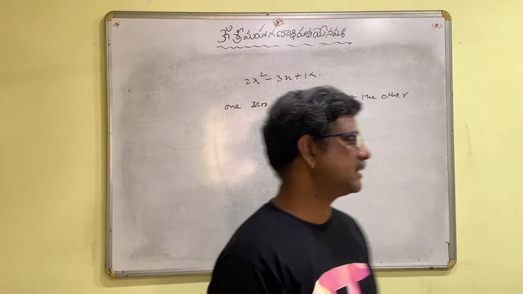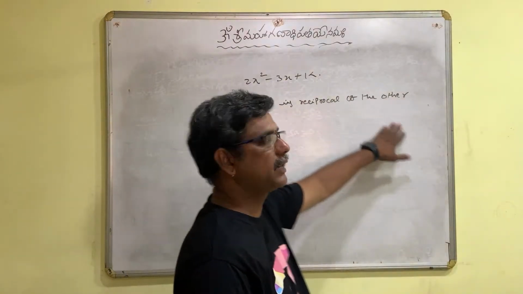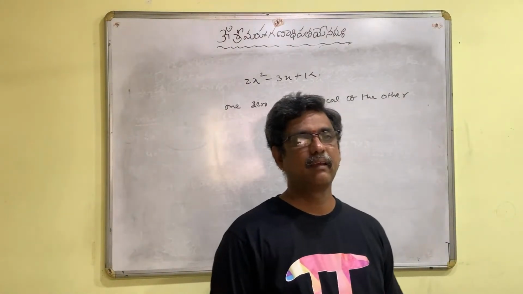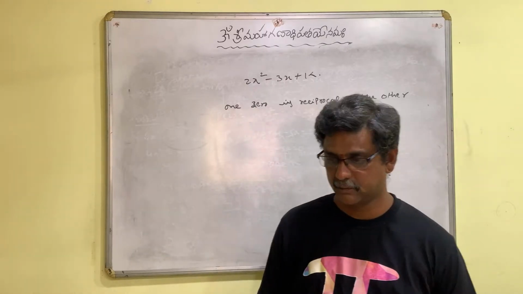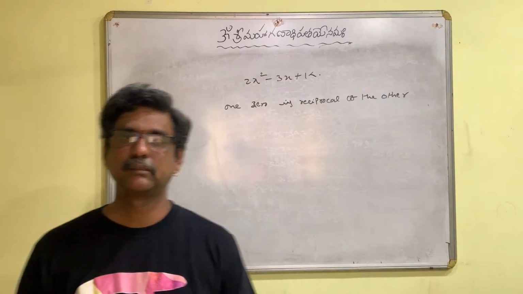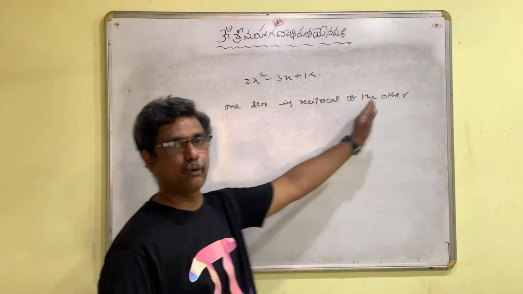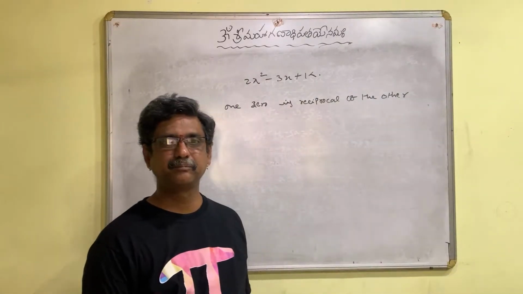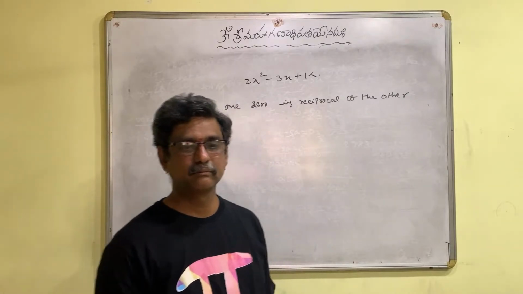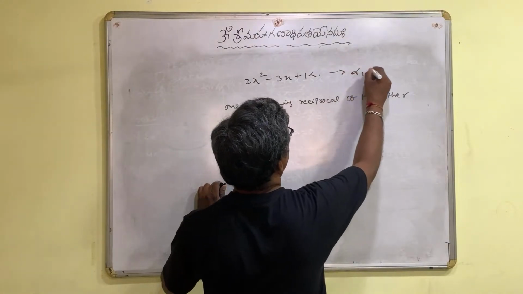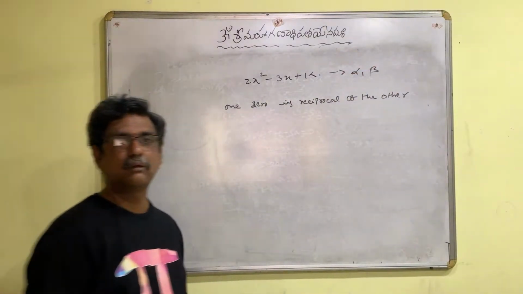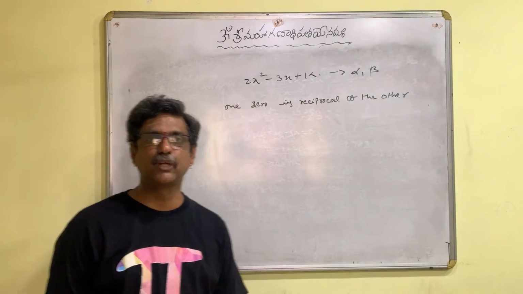If we understand this statement properly, the problem is done in 2 steps. Consider alpha comma beta are zeros.